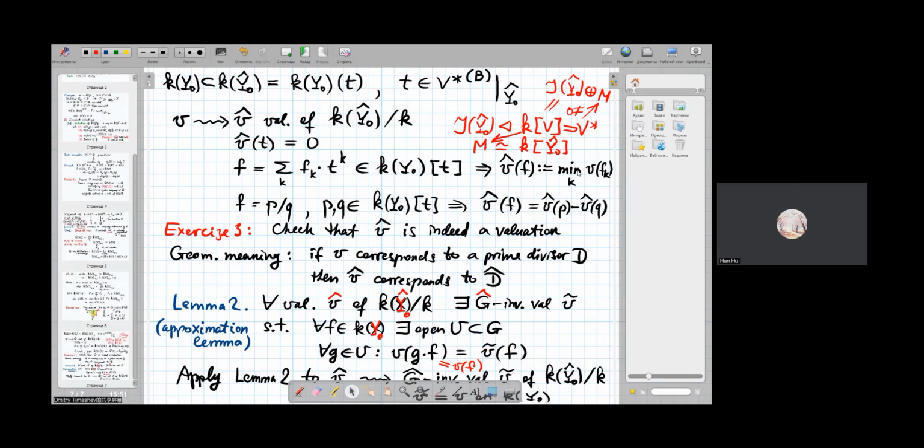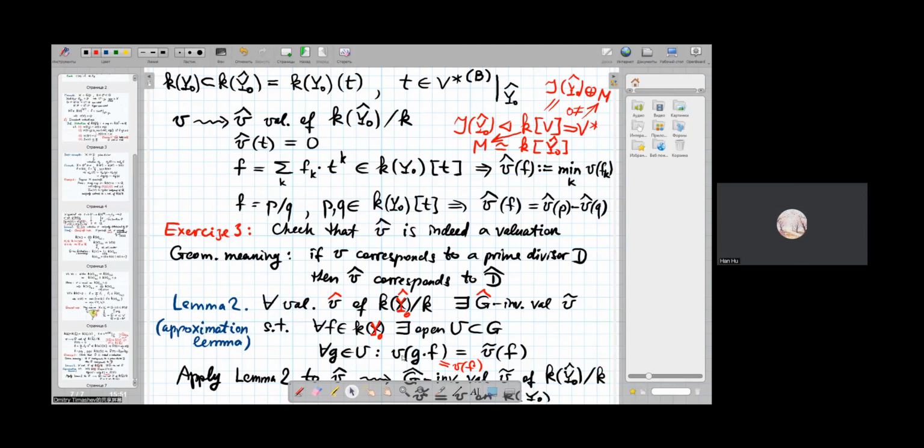I have one last question. In lemma 2, do we need the open set U containing the identity element? Not necessarily. It may not contain the identity element. It is just an open subset. The point is that here U may not contain the identity.